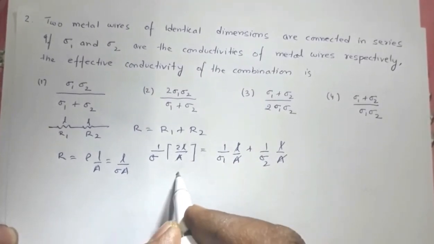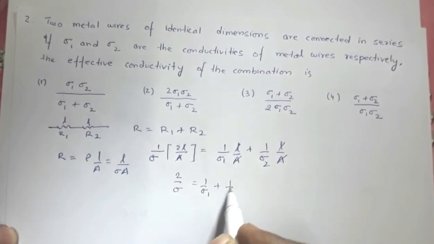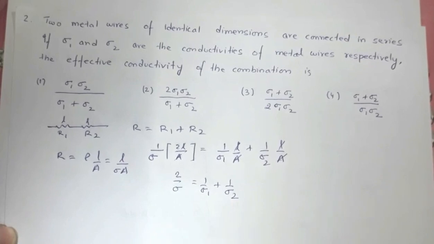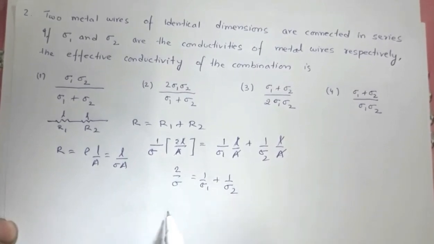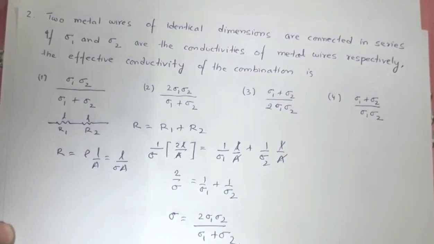So 2/sigma = 1/sigma 1 + 1/sigma 2. On simplifying, this reduces to sigma = 2 sigma 1 sigma 2 / (sigma 1 + sigma 2). Among the given options, option 2 matches with this, so this is the correct answer.